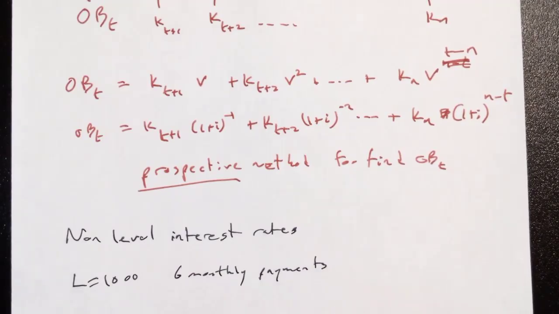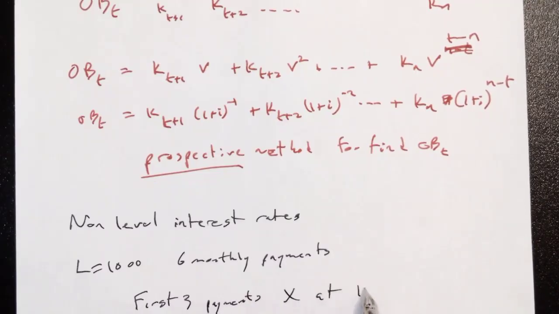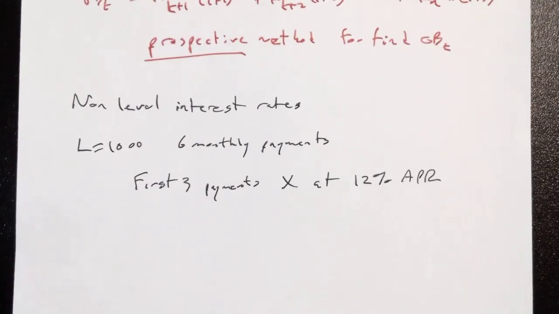But the first 3 payments are going to be at 12%. The second 3 payments are going to be twice as much, but we're going to change the rate from 12% to 6%.